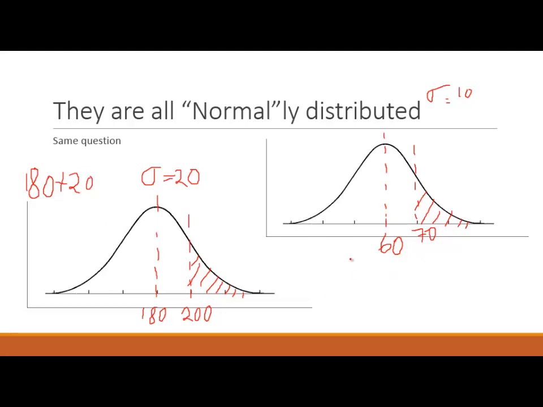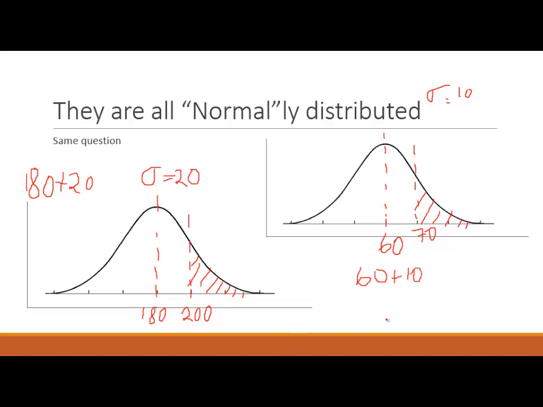And over here, if I ask you what is the probability that a juggler makes more than $70,000, that is also the same question where you are looking at the mean, $60,000, plus one standard deviation.